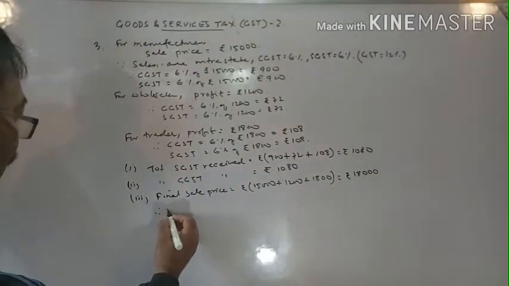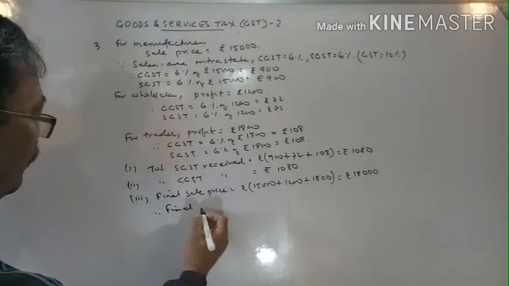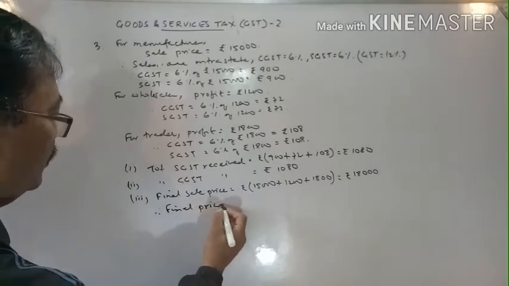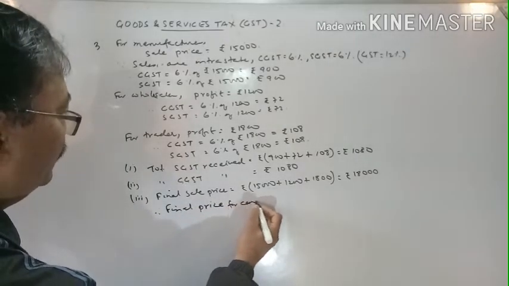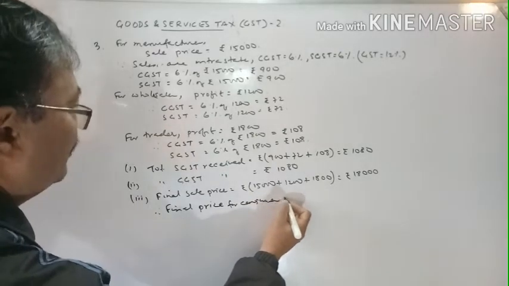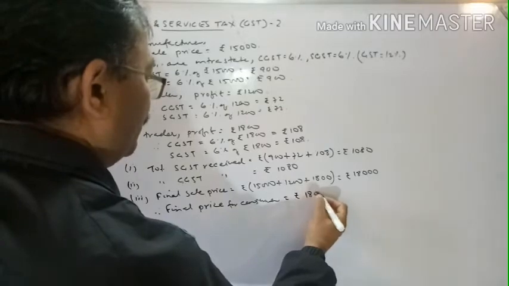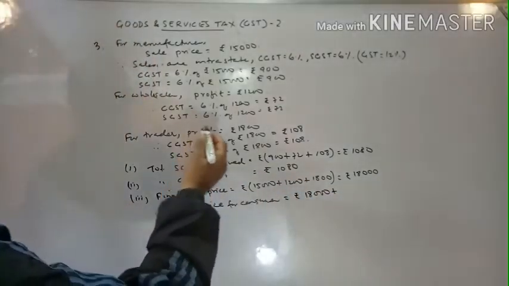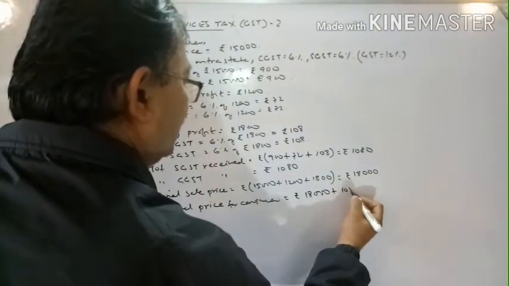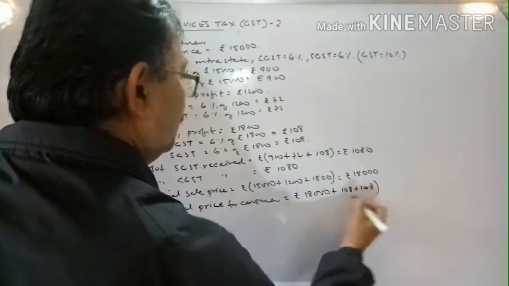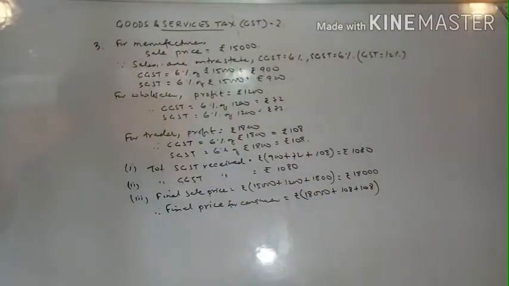Now therefore, the final price paid by the consumer: you will pay rupees 18,000, which is the price, plus you will pay the tax, both of them.